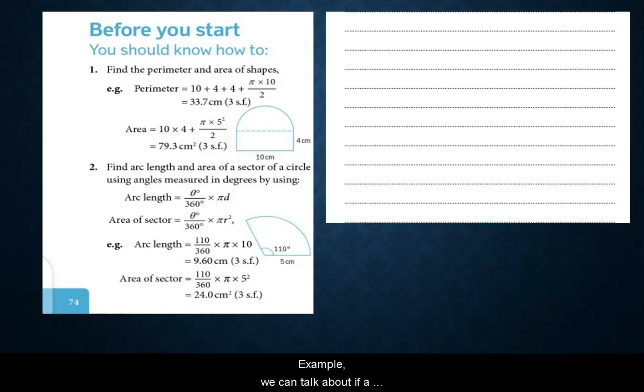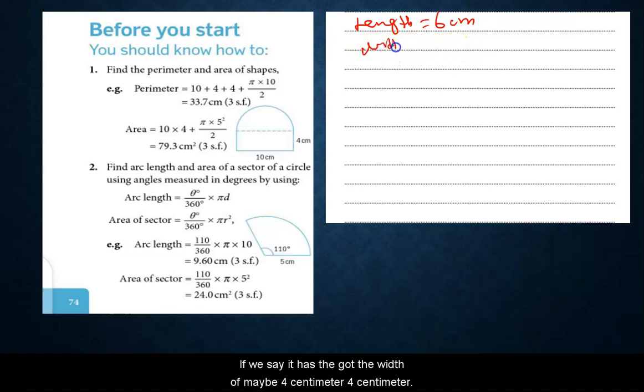For example, take a rectangle with a length of 6 centimeters and a width of 4 centimeters, and we want to find the perimeter.